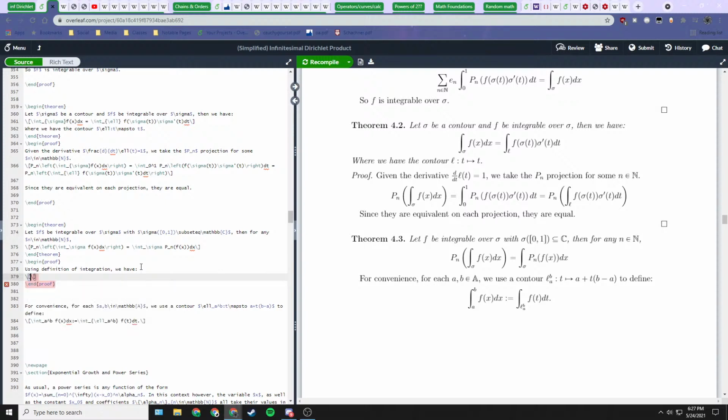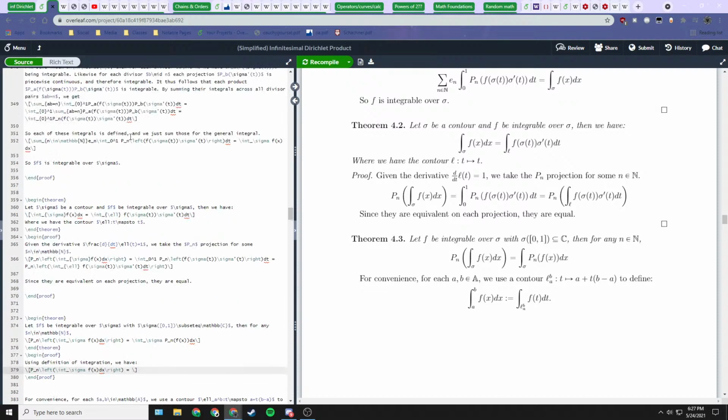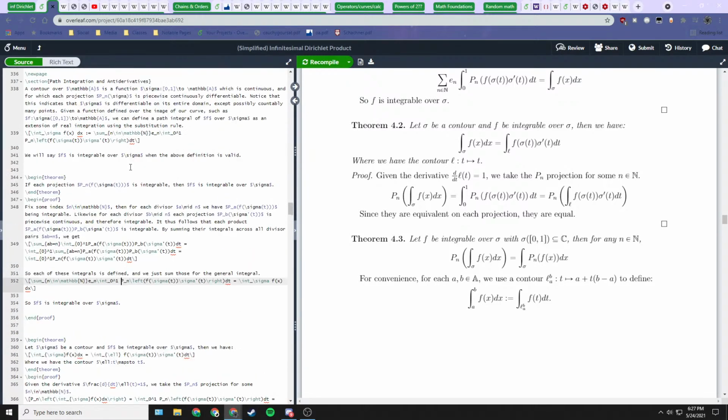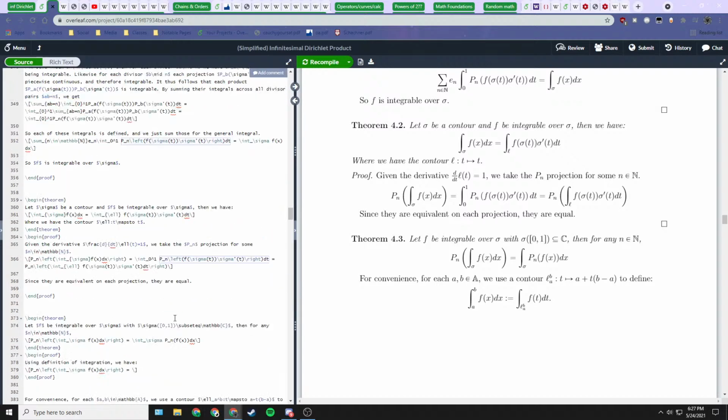So we have p sub n, so the first one, let's pull that out. The nth projection of this first integral is just going to be, up here we have this, where'd it go? Definition of integration. Here we have this nth projection.